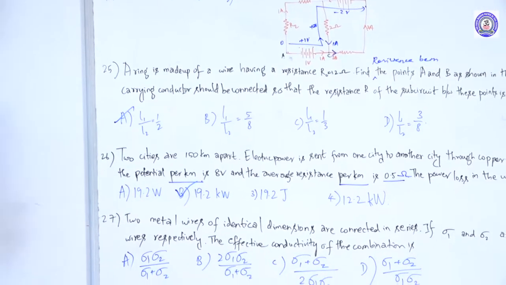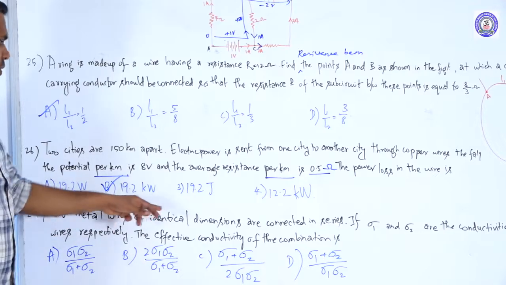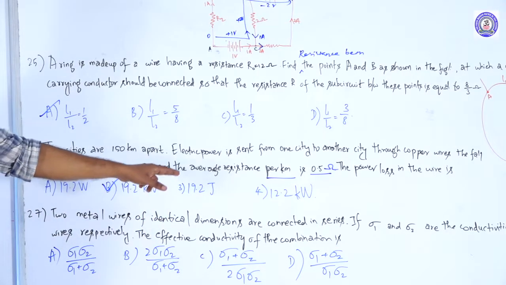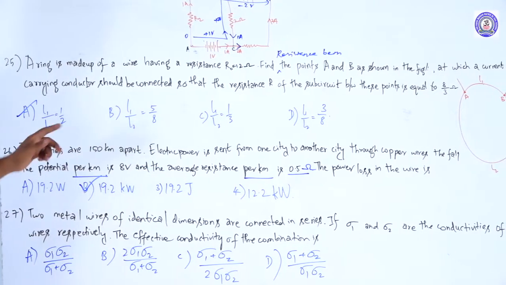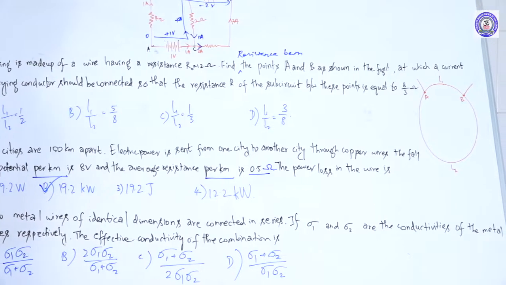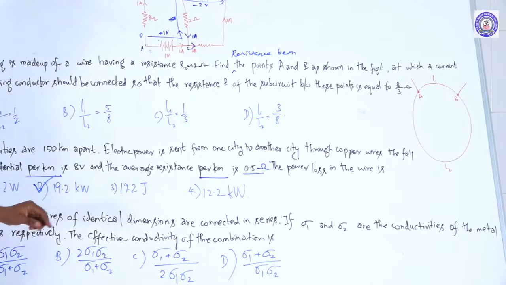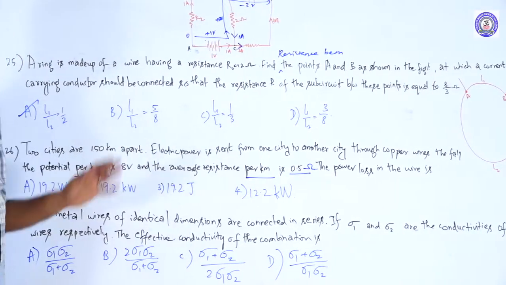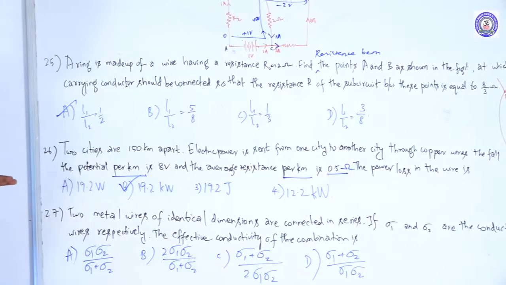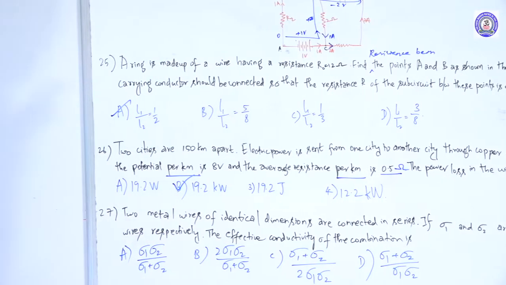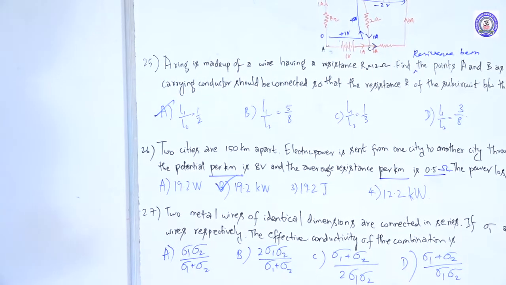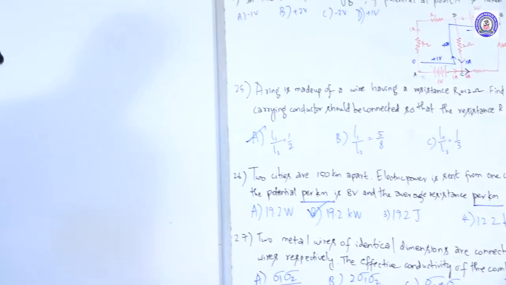Finally, question number 27. Two metal wires of identical dimensions are connected in series. If sigma 1 and sigma 2 are the conductivities of the metal wires respectively, what is the effective conductivity of the combination? Two wires of conductivities sigma 1 and sigma 2, but they are of identical dimensions.